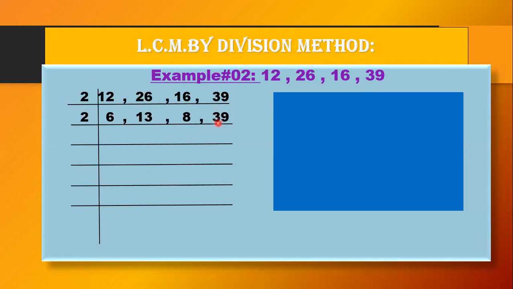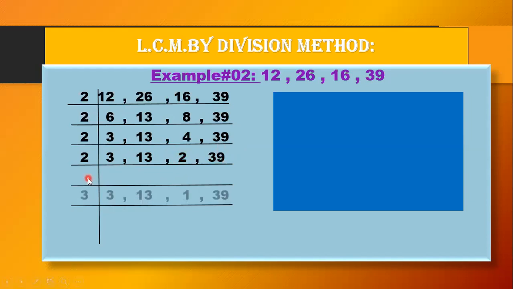Why 39 as it is? Because 39 is not divisible by 2. Okay, then 2 3 times is 6, 13 as it is, 2 4 times is 8, and 39 as it is. Then 2 3 as it is, 13 as it is, 2 2 times is 4, and 39 as it is.